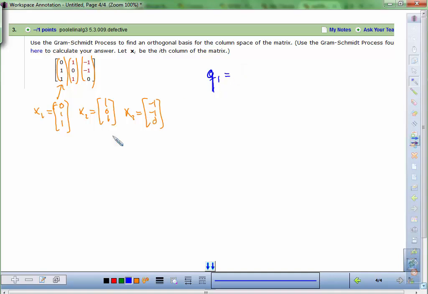Let's call this Q1, and remember that the first vector is exactly the first vector of the original basis. So my first vector for my new orthogonal set will be just x1, which is 0, 1, 1.